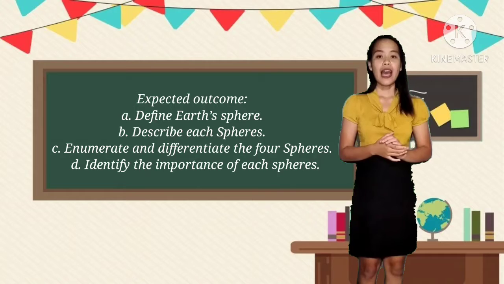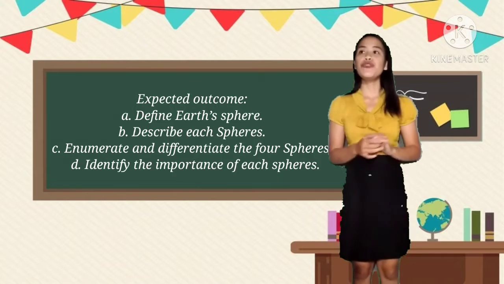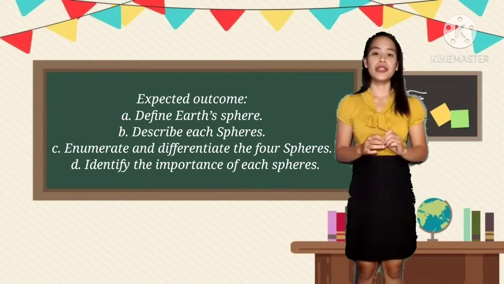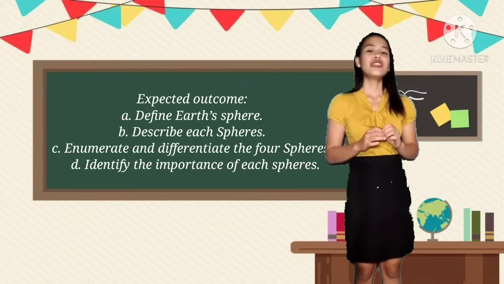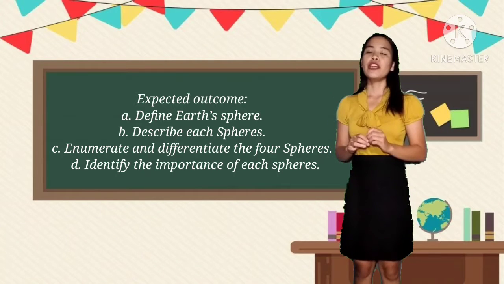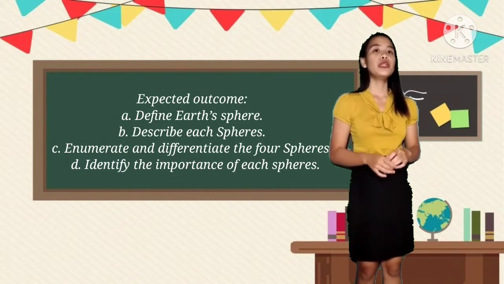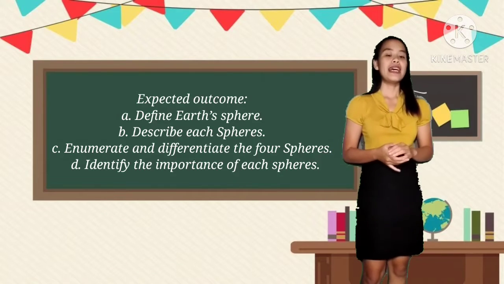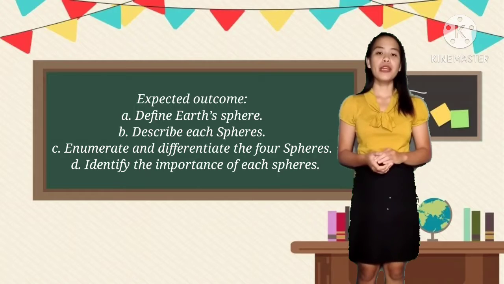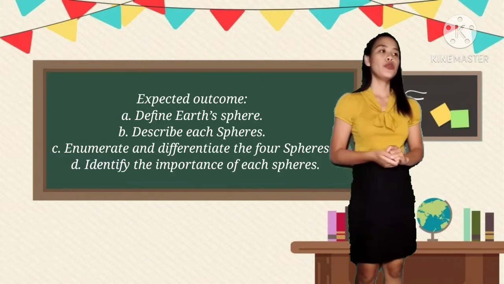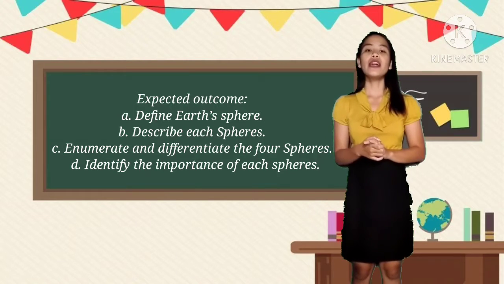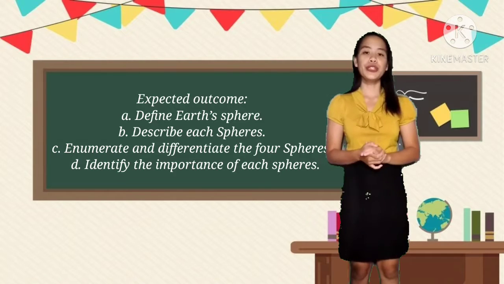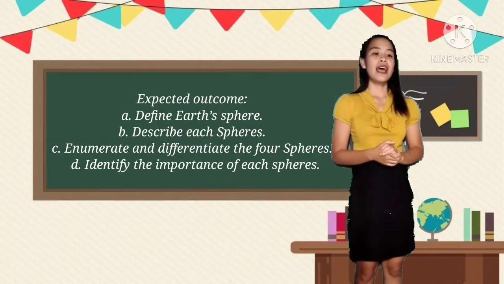First, our objective is to define the Earth sphere. After this lesson, each of you should be able to define what an Earth sphere is. Second, describe each sphere. You will describe what the spheres of the Earth are.